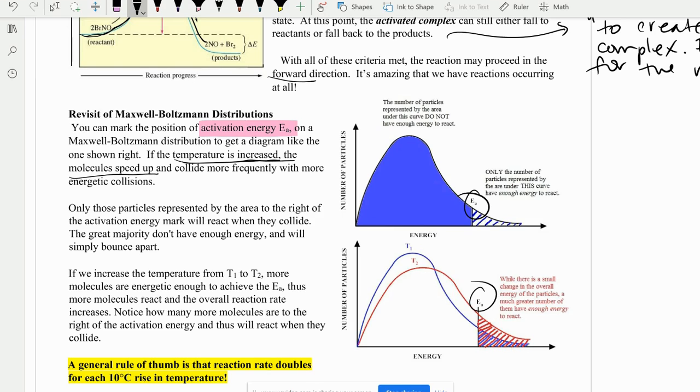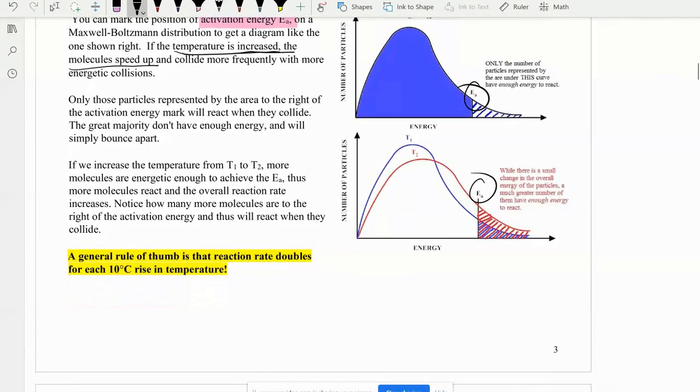And that's actually what the Maxwell-Boltzmann distribution is doing, it's changing that energy, right? Because energy and temperature are directly related, so synonymous. If the temperature increases, you're increasing the energy. And therefore, you're speeding up the molecules. You're creating more potential for collisions, effective collisions, and correct orientations. And therefore, you would, of course, increase the rate of formation of the products.